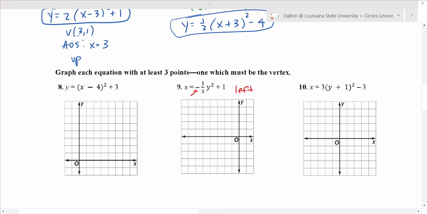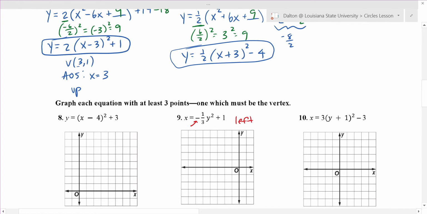So if you recall, parabolas that open up to the left or right have the equation x is equal to a times (y minus k) squared plus h. So remember, the x and the y switch, and the h and the k also switch. Well, the only difference between what I just wrote here in red and the problem itself is that there are no parentheses around the y, and then there is no k value.